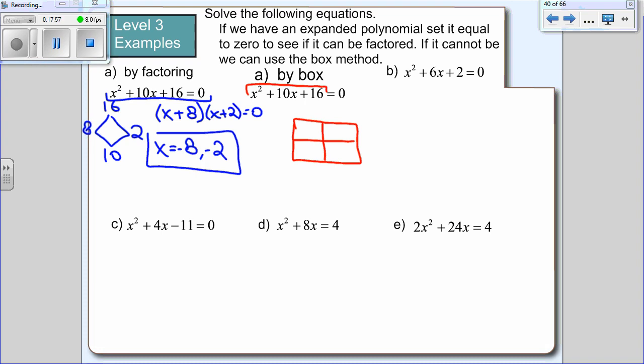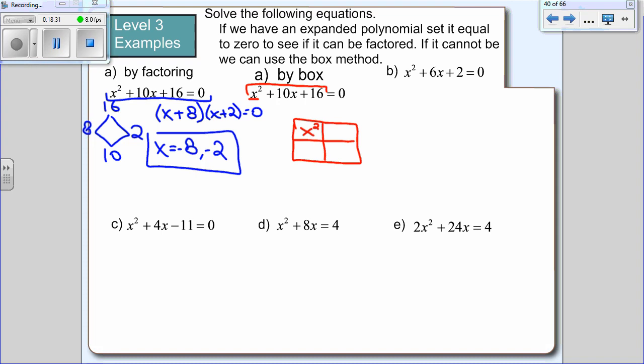The first question is, what does this box represent? The box is an area diagram. Remember multiplying things together? When we multiplied 2 binomials together, we got 4 terms. We know what those terms are going to be. I know that that first term is going to be x squared, because that's the only way I get my x squared. What 2 things multiplied would give me x squared? X and x.